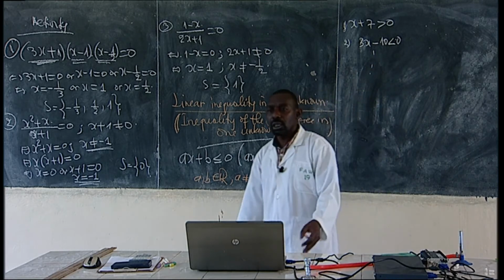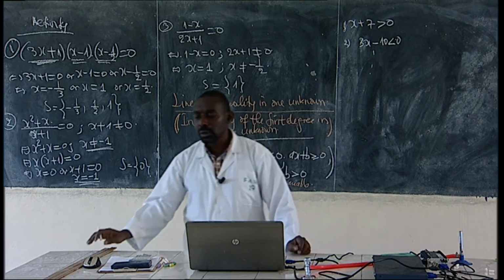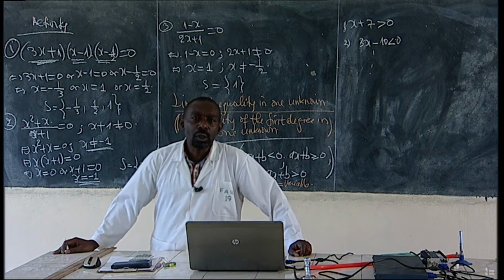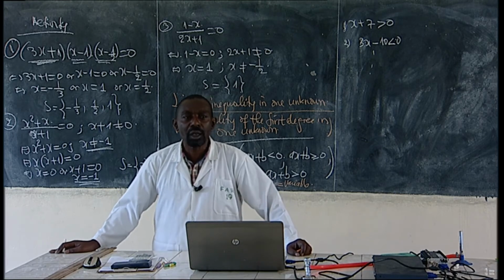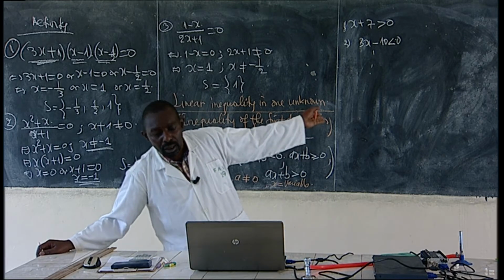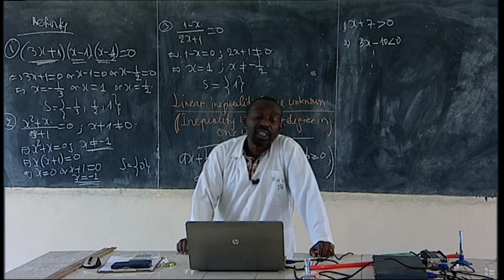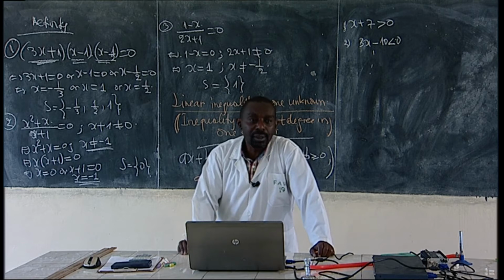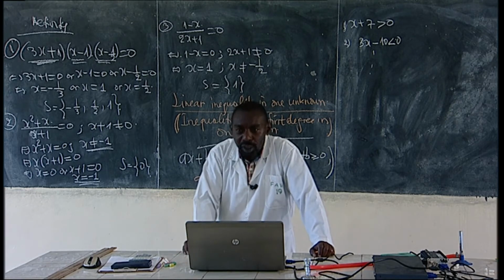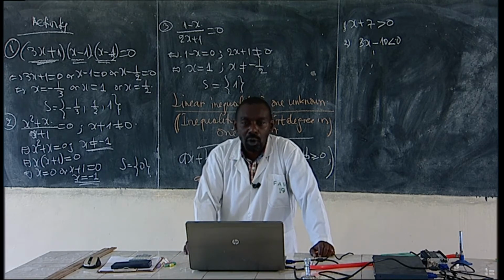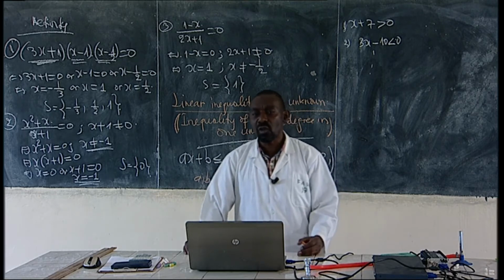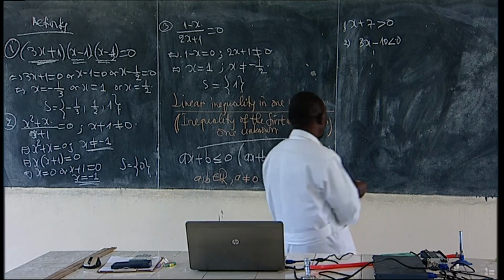These are different examples of inequality of the first degree in one unknown. The unknown, of course, is x. So we need to discuss linear inequality in one unknown x. Discussion.